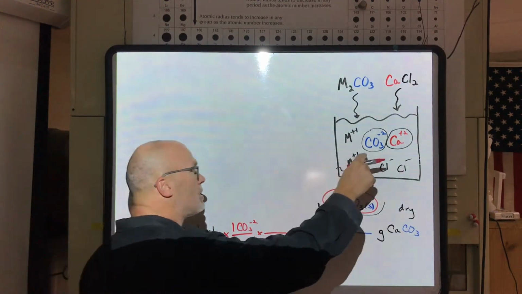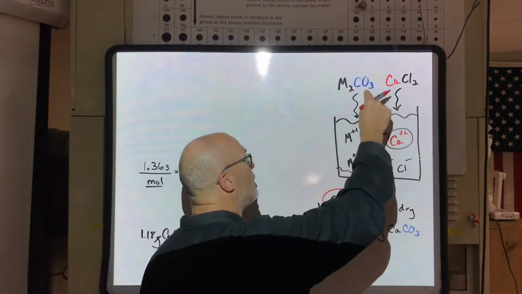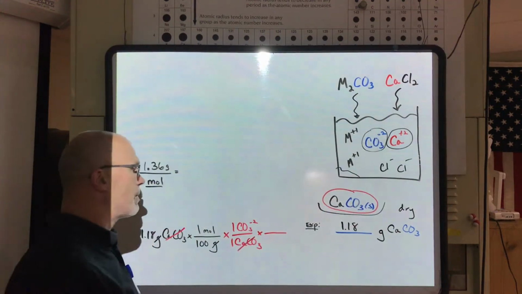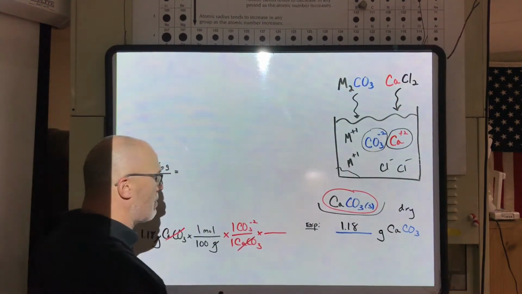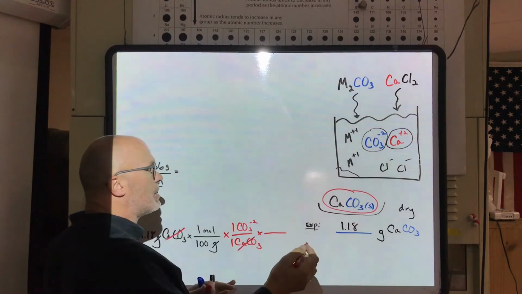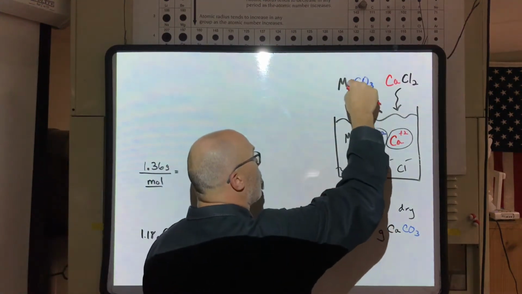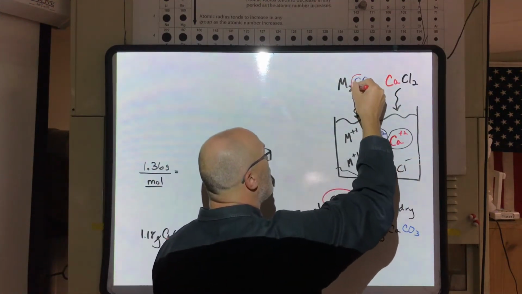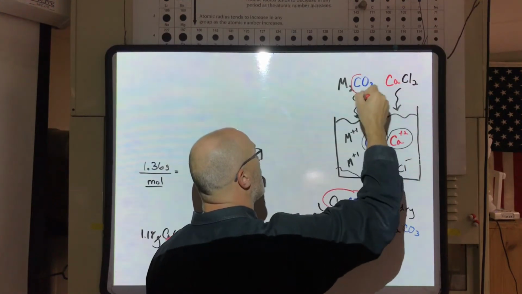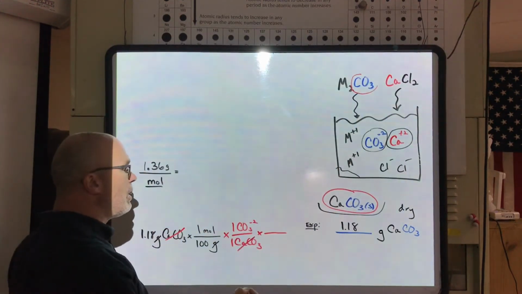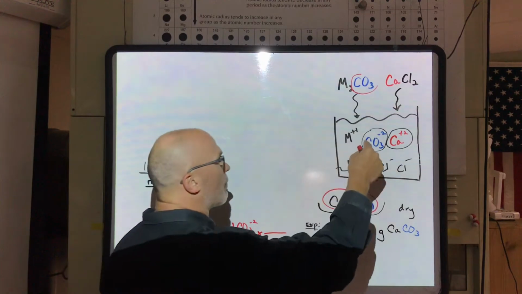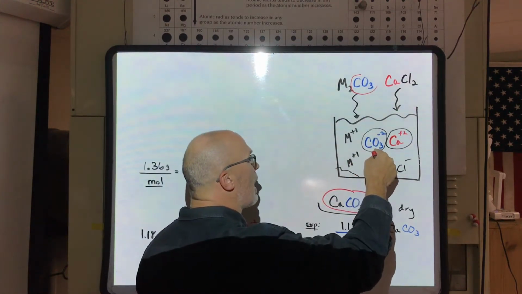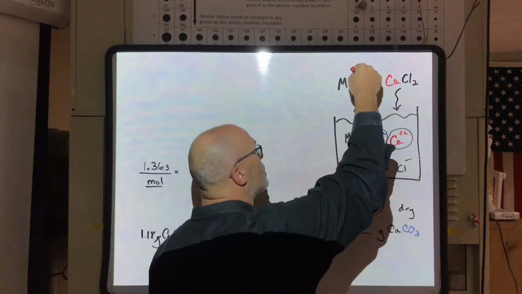And all of these carbonate ions came from the M2CO3. And this is the next leap here stoichiometrically. And again, people can see it. Since there's only 1 carbonate in this entire formula, then we know that the moles of the free carbonate ions has to be the moles of the original formula.